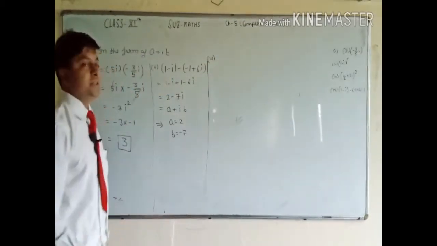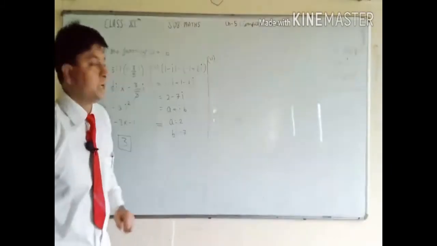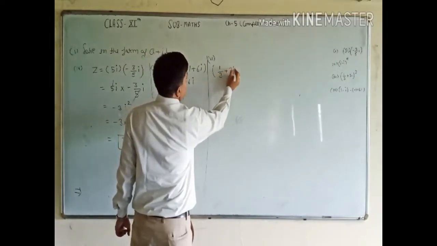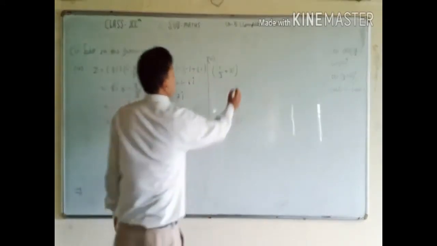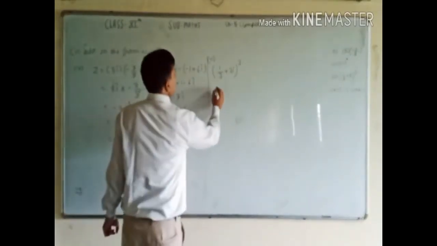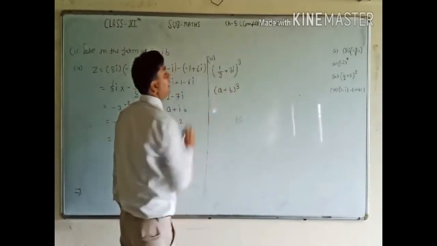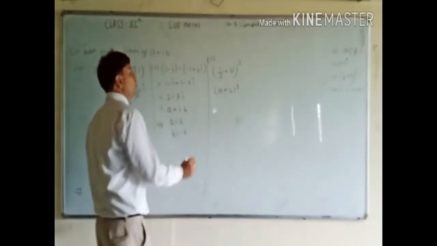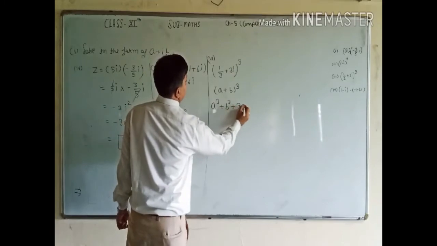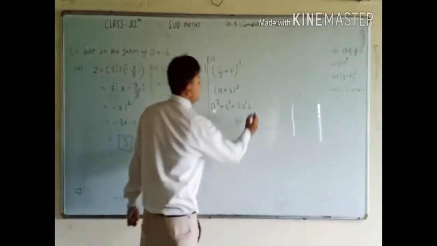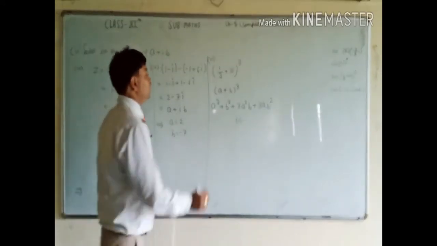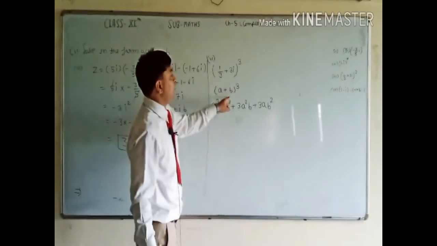Okay students, now the sixth question is to solve in the form of a plus iota b. The question is 1 upon 3 plus 3 iota whole cube. Now we know that this is a plus b whole cube, and the formula of a plus b whole cube is a cube plus b cube plus 3 a square b plus 3ab square, where a equals 1 upon 3 and b equals 3 iota.